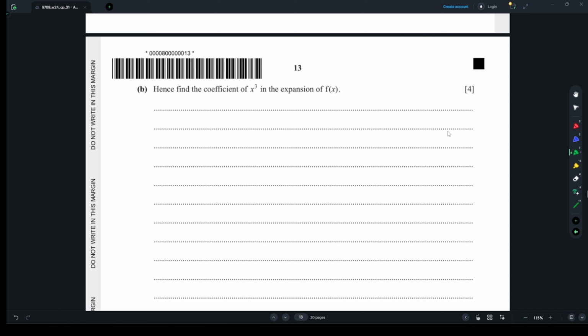So what was our expression? f(x) equals 5x squared plus 8x plus 5 over 1 plus 2x times 2 plus x squared.